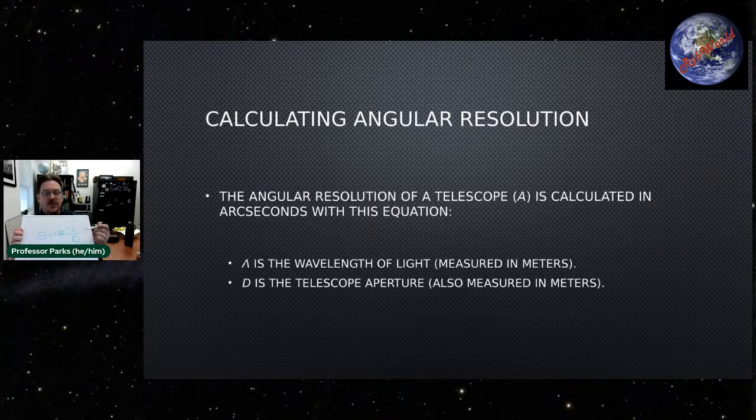So the angular resolution of a telescope also depends on the type of detector that it uses. I'll get into this a little bit more in detail later. Radio telescopes have horrible angular resolutions, which is why they are so large.